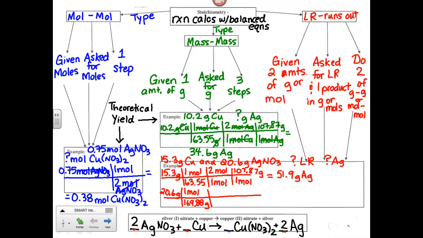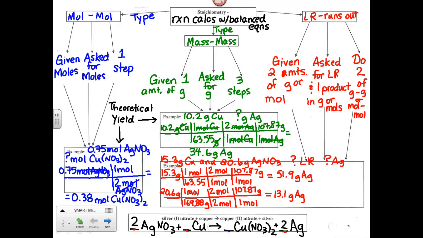There are 2 moles of silver nitrate for every 2 moles of silver. You might notice that those are going to cancel out. Then we need to change moles of silver to grams of silver. Do your math, check your sig figs. You should get 13.1 grams of silver. So how do you decide what your limiting reactant is?